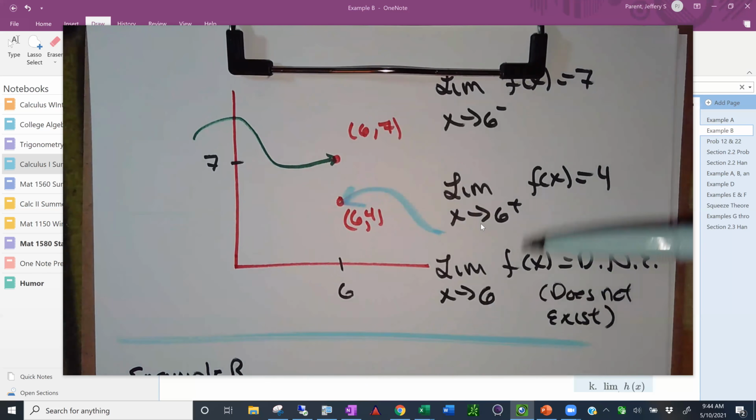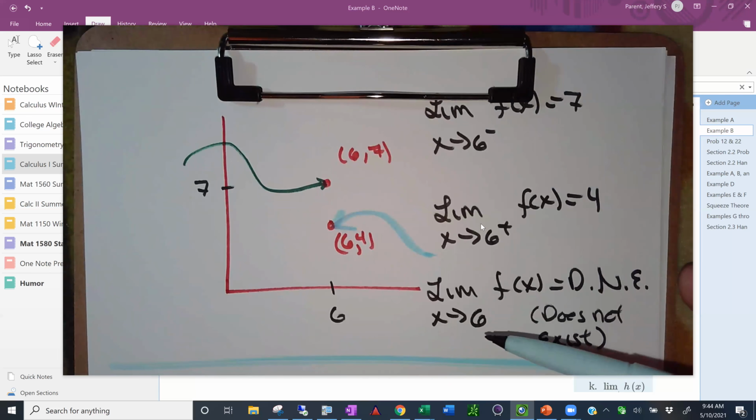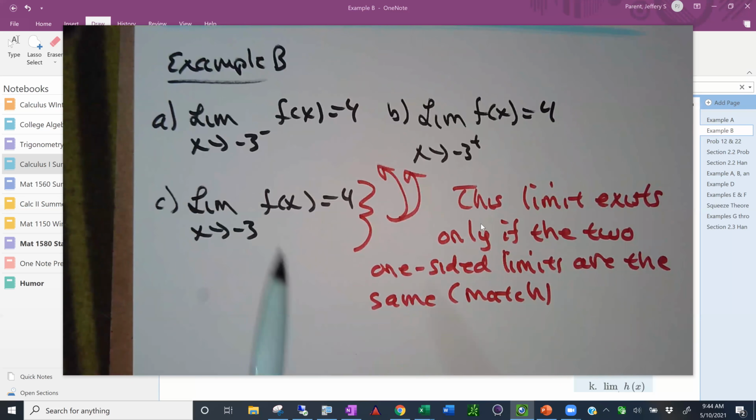Because the limit from the left and the limit from the right are different. The only time that this one's going to exist is if these two are the same, like in examples A and B, the ones that matched.